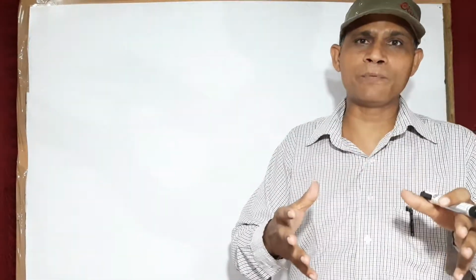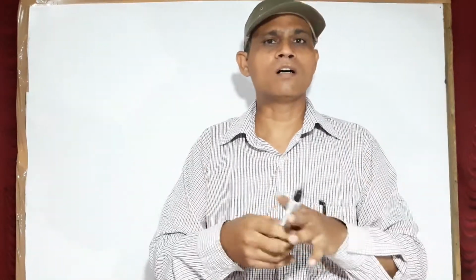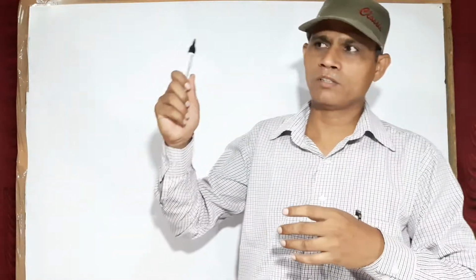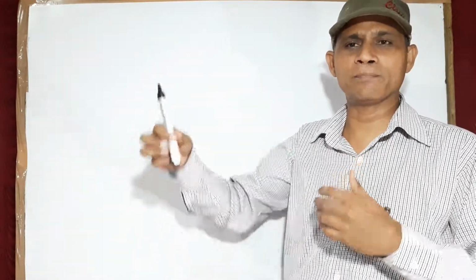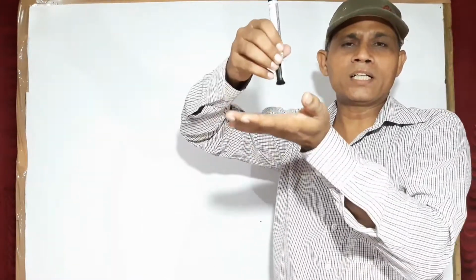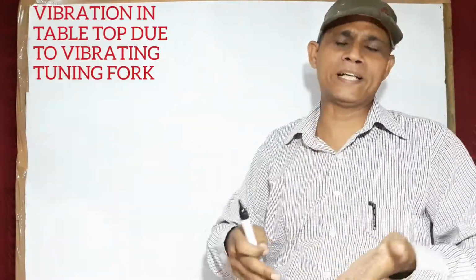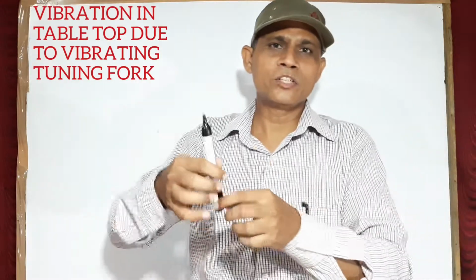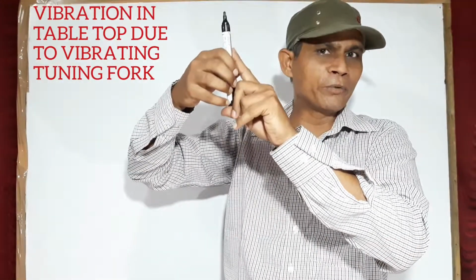And another example of forced vibration is, suppose you are having a tuning fork and you just strike it against the rubber pad and put it on the tabletop, then the tabletop will also start vibrating. Why? Due to the vibration of this tuning fork.